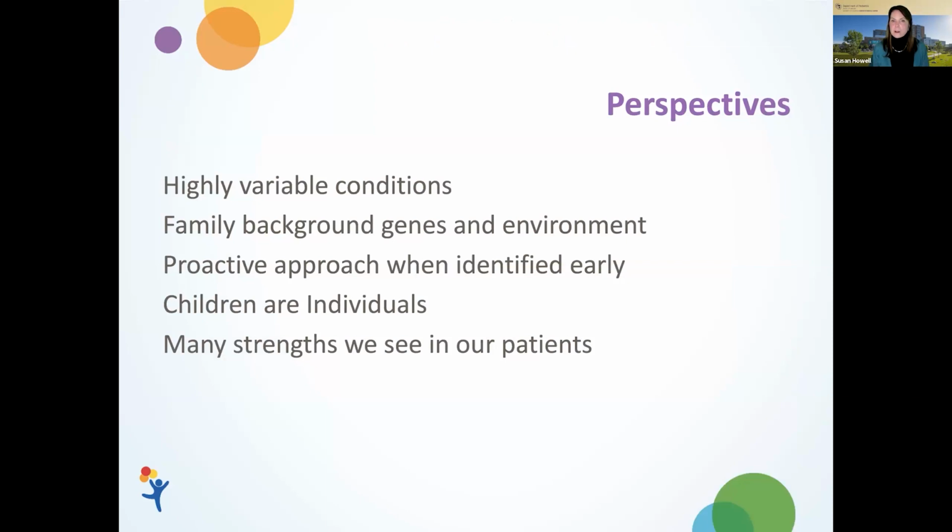That can be from getting interventions started when they're young to having evaluations around learning that may otherwise go undiagnosed. It's really important to keep in mind that children are individuals, and individuals have strengths and weaknesses, and not everything about an individual is attributed to having an extra chromosome. And we see a lot of beautiful strengths in our girls with trisomy X that we follow in clinic.